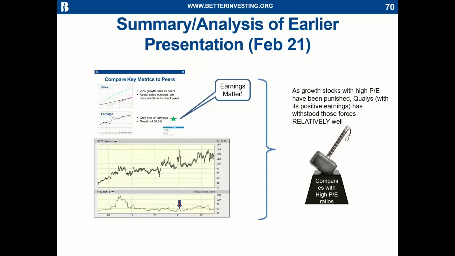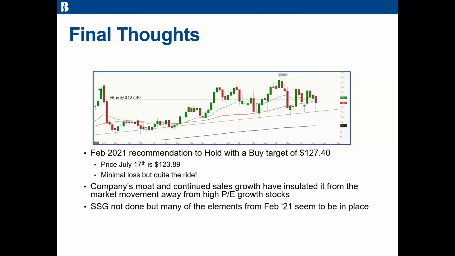And one of the major trends you're going to hear from me on this stock, as well as Nvidia in a few minutes, is the market-wide movement towards lower PE ratios. So we can track earnings, we can track sales, but if the market says we're no longer willing to pay high PEs for these high growth companies, as the icon on the right-hand side shows, they're going to take a beating. In fact, a lot of the stock market, in particular high-flying, high-growth companies, have been victimized in the last year, probably half year. Next slide.